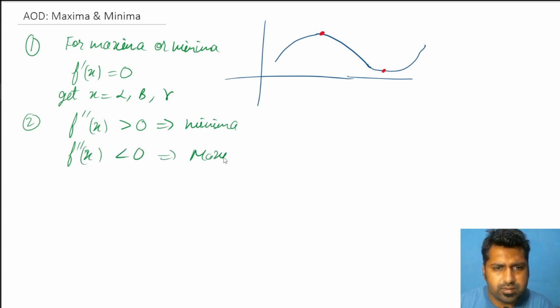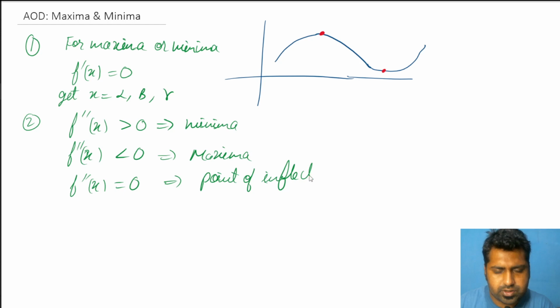So it's opposite: greater than 0 it's minima, less than 0 it's maxima. And there is a possibility that f double dash x comes out to be 0. This value of x is known as the point of inflection. So at the point of inflection, f double dash x becomes 0.